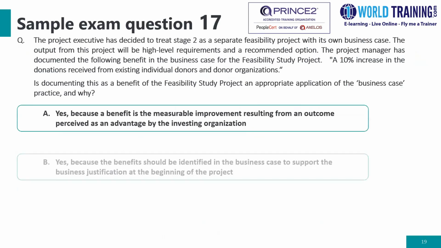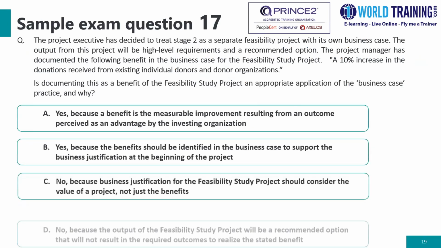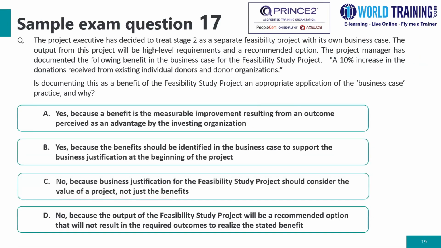Number 17, the executive has decided to treat stage 2 as a separate feasibility project with its own business case. The output from this project will be high-level requirements and the recommended option. Project manager has documented the following benefits in the business case for the feasibility study project: 10% increase in donations received from existing individual donors and donor organizations.